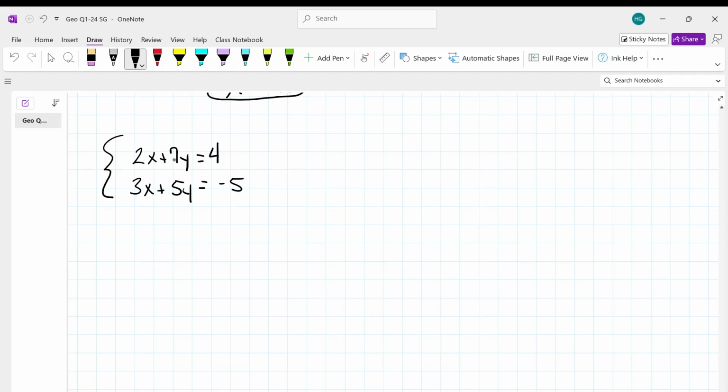All right, so if we look at the equations, if we combine them now, we're not going to eliminate a variable, right? And I'm looking at, I got a 7 and a 5 I could work with, or a 2 and a 3.